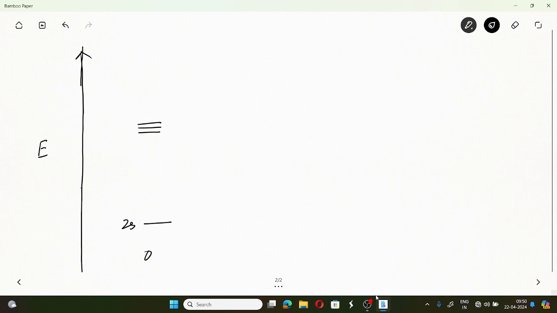Now, this 2s orbital, as we have mentioned, will be A1, and for the 2p orbitals, this is 2px, which we have mentioned as B1, 2py as B2, and pz, this is A1. Okay, so these are the 2p orbitals, the atomic orbitals of oxygen.